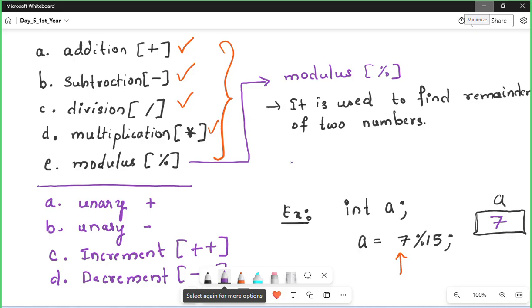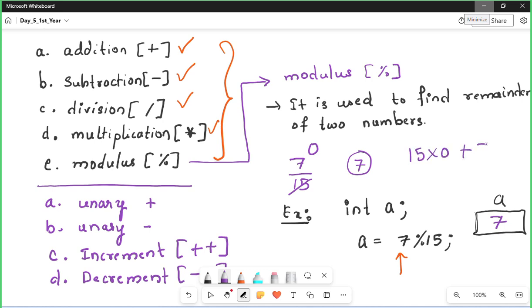How does it come, sir? 7 divided by 15, 15 zeros are 0 and the remainder is 7. Or you can understand it this way: 15 into 0 plus 7, which is nothing but 7. So the remainder of 7 mod 15 is 7.